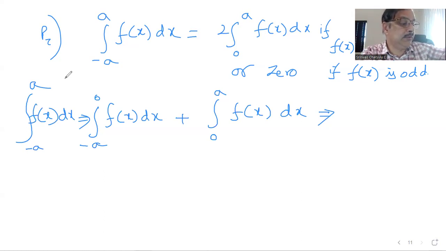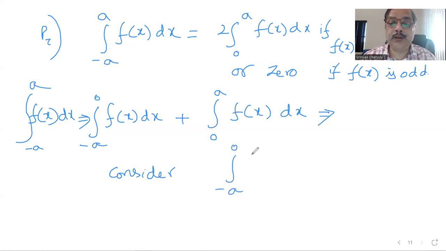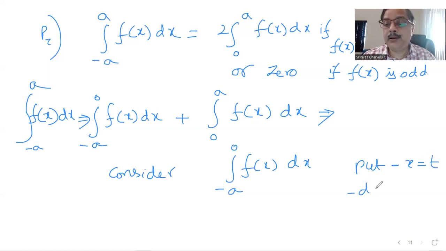Once P7 I am proving. So let us see. Consider the first integral, that is integral minus a to 0 f of x dx. So in this integral, put minus x is equal to t. Then what will happen? Minus dx is equal to dt.